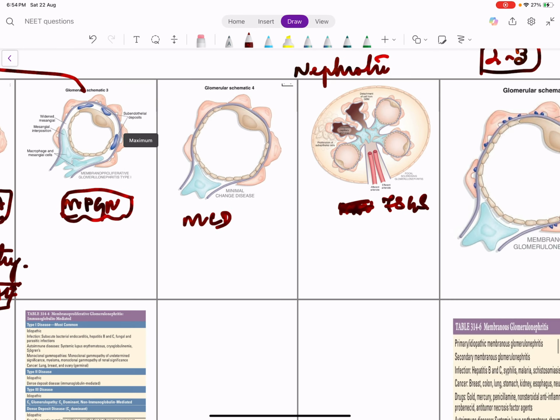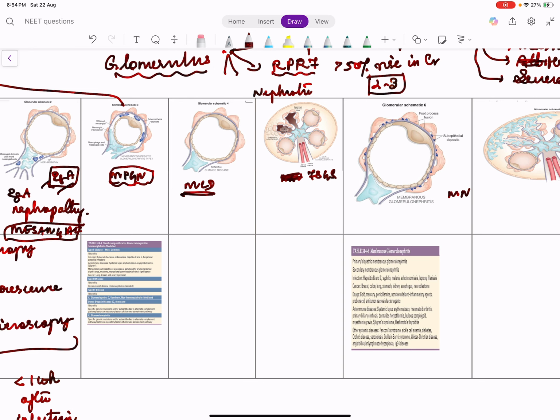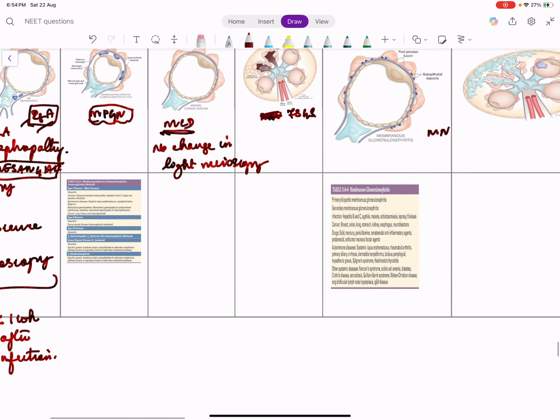This is a normal glomerulus. The name minimal change disease is given because there is no change in light microscopy and no change in immunofluorescence. Only in electron microscopy we see effacement of podocytes.